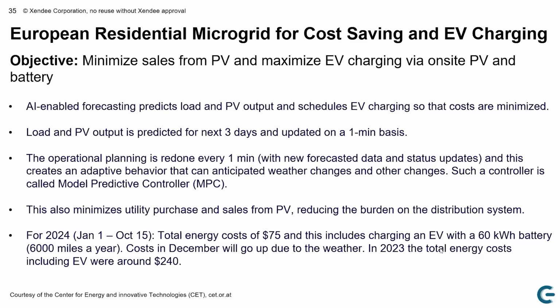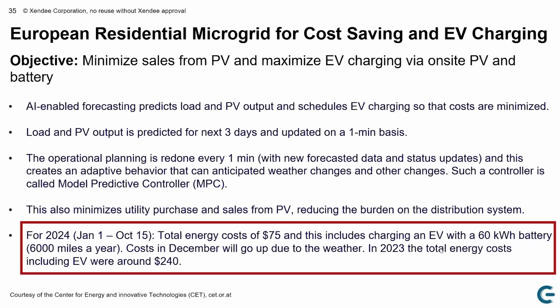And this controller runs on a 1-minute basis with AI-enabled forecasting for the electricity load and also for the renewable energy output. Just to give you an idea, this statistic is from last year. From January 1st to October 15th, the total energy cost was $75, which includes this electric vehicle, which goes 6,000 miles a year.